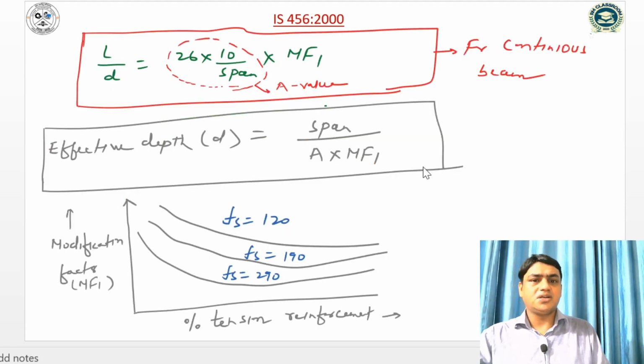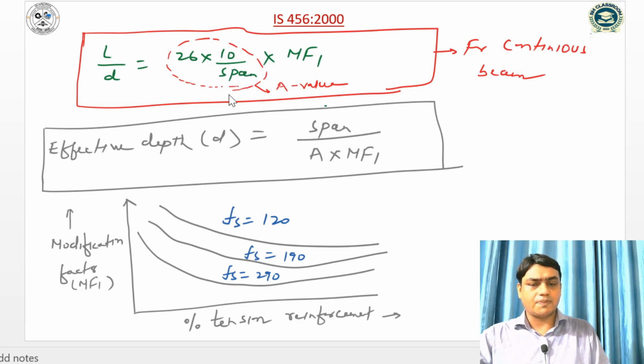So this is the curve suggested by the code, modification factor versus percent tension reinforcement for different Fs values, where Fs, as I told you, is 0.58 Fy times area of steel required by area of steel provided. So once we have computed Fs and the percentage tension reinforcement, we can compute the corresponding modification factor, and this modification factor should be multiplied to this A value.